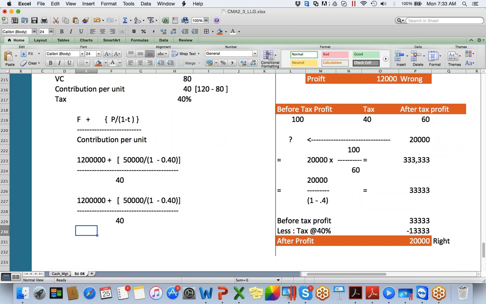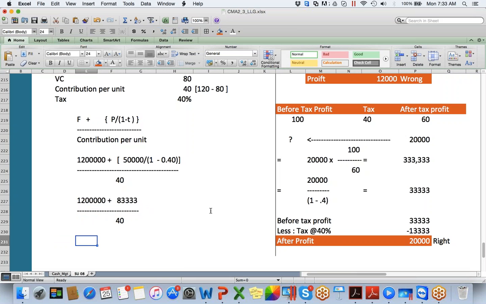That is 50,000 divided by 0.6. That will give you 83,333. So I'll remove this and write 83,333. Yes, 83,333 is to be added to now 1.2 million, and find out the number of units to be sold.